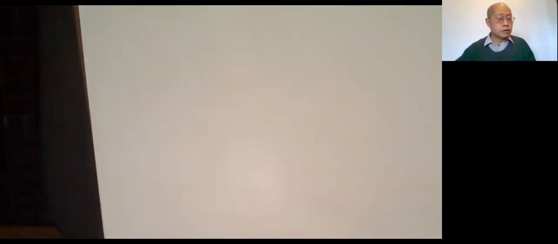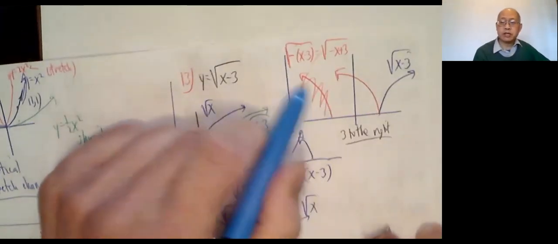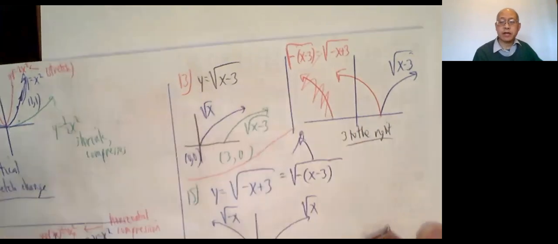Okay, the first thing I gotta do is clean up something I messed up on yesterday, which was problem number 15. I went the wrong way for 15. I left you last time with this graph. That was incorrect. It should be like so.